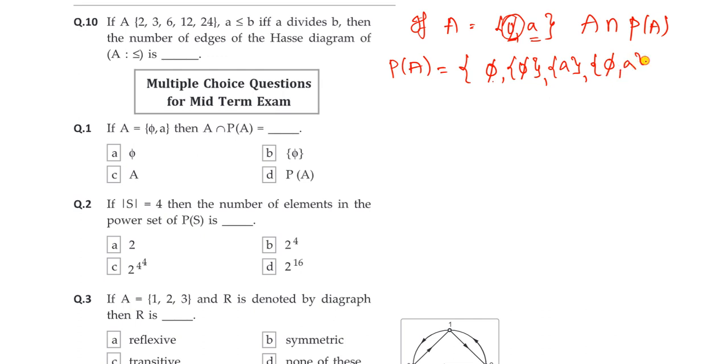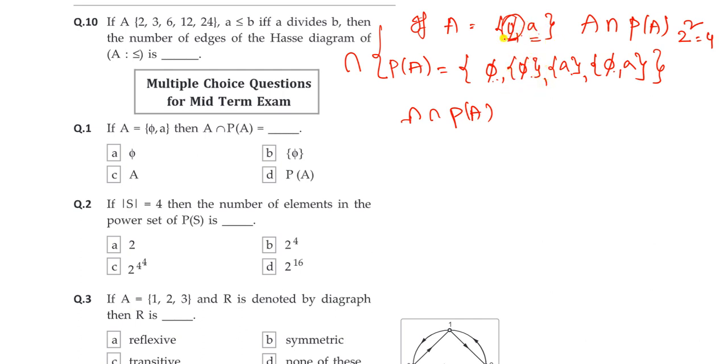Okay, so I hope you remember that for the power set, see how many elements are there. 2 elements. So what will be the number of subsets? 2 squared means 4. 4 elements, 1, 2, 3, 4. Now what we have to do? For these two sets we have to do the intersection, that means A intersection power set of A. Now tell me, what are the common elements between these two sets?